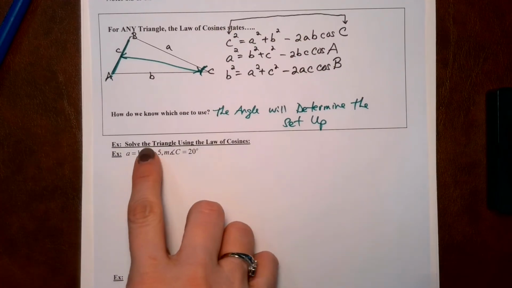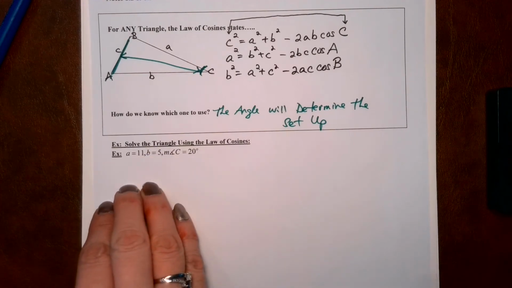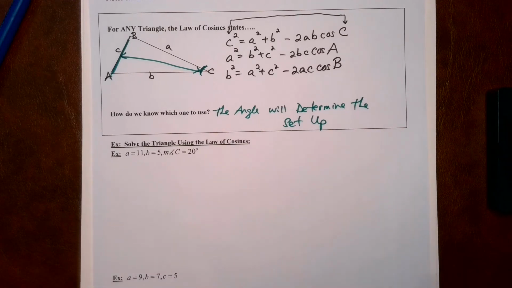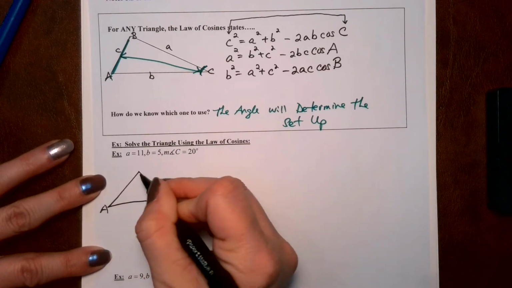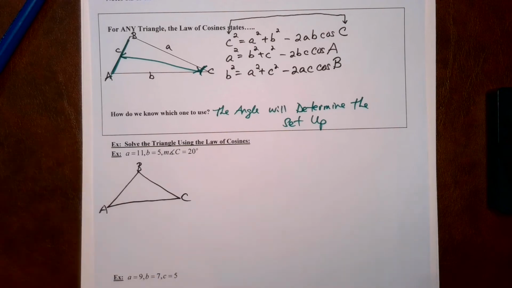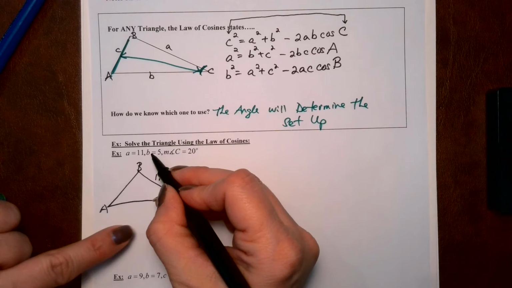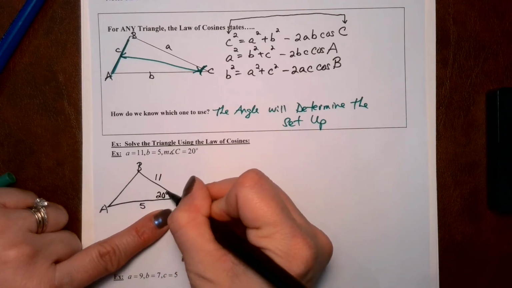Okay, we have to solve this triangle. So the first thing I'm going to do is draw a diagram of the triangle, list the information we have, and make a list of the information we have to find. Okay, so let's just draw a triangle ABC. I always draw it like this. It doesn't matter. Information we have: side little a is 11, little b is 5, angle C is 20 degrees.